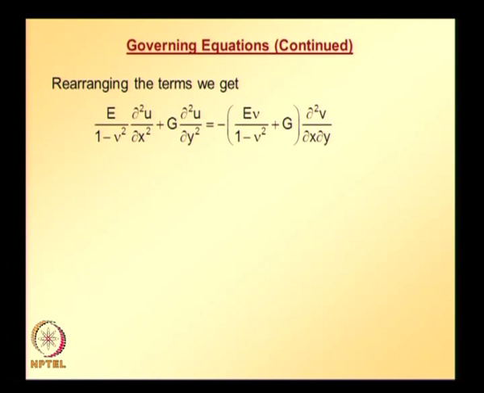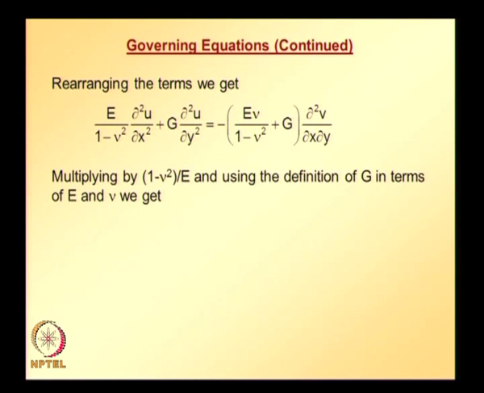and do a little bit of manipulation, multiplying by 1 minus nu squared over E and using the definition of shear modulus in terms of Young's modulus and nu, Poisson's ratio, G is equal to Young's modulus divided by 2 times 1 plus Poisson's ratio.